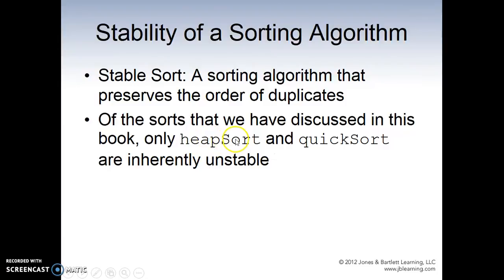In heap sort, it does not preserve the order of the duplicates. When we have duplicates, it doesn't really care. It only cares that the parent has to be greater than the child. As long as the child, which can be anywhere, is less than the parent, that's fine.